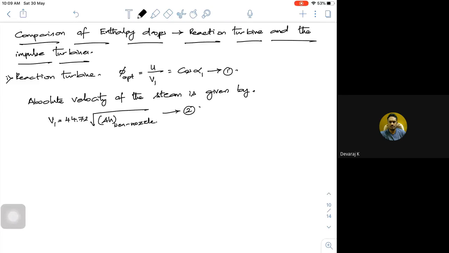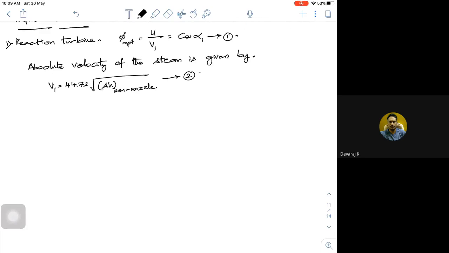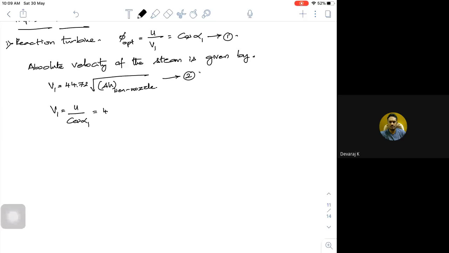So V1 is equal to U divided by cos alpha 1, which is also equal to 44.72 square root of delta H isentropic nozzle efficiency.